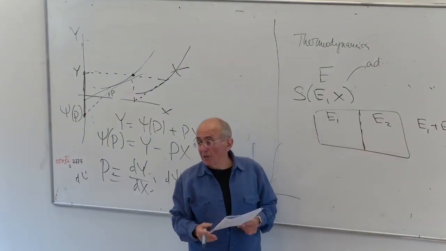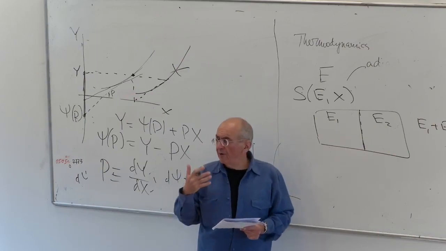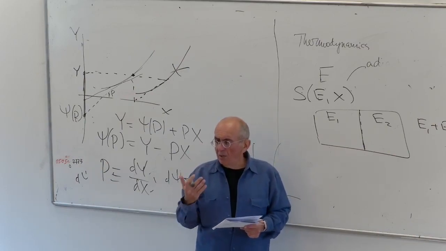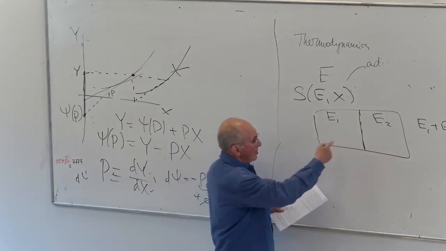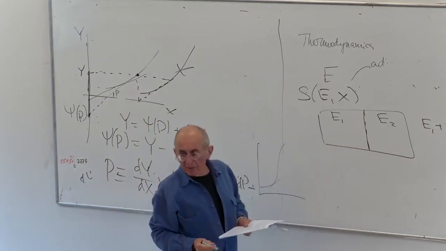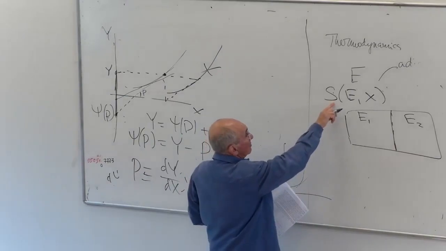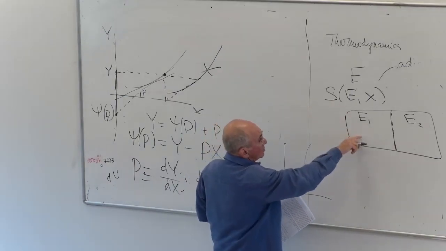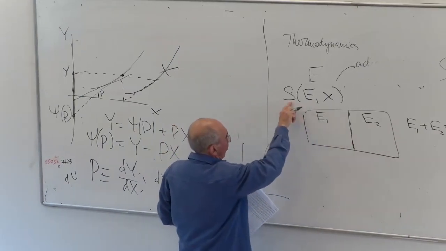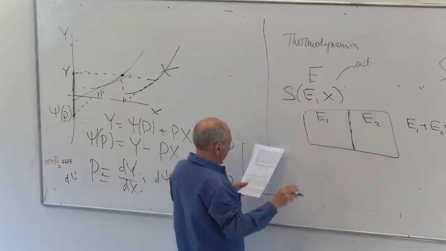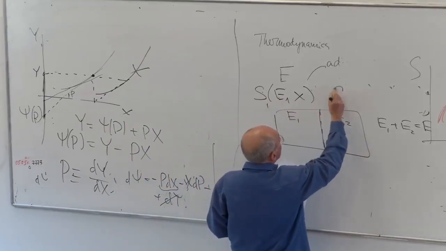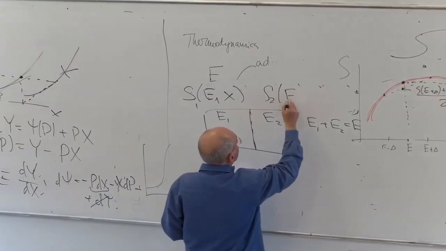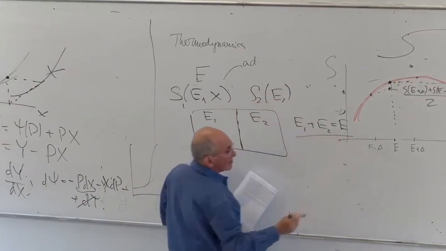We ask, in what state we find this system if we let it wait long enough, and these two parts exchange energy many times. So what we have defined for each part of it, we have S entropy. So we have S1 of E1 and S2 of E2, and we have this extra condition.